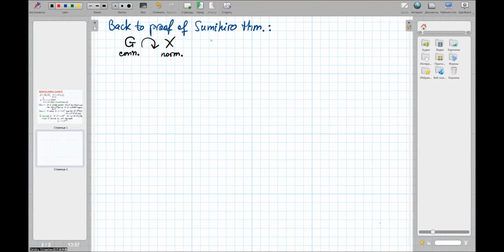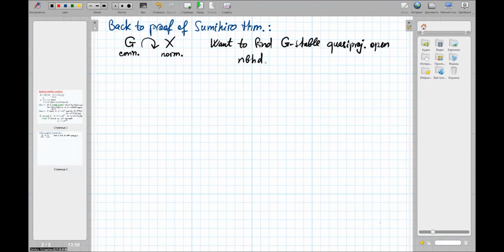And we want to find a G-stable quasi-projective open neighborhood U of a given point x in X. So for any point x, we want to find such a quasi-projective open G-stable neighborhood.